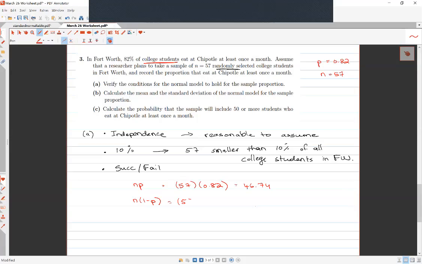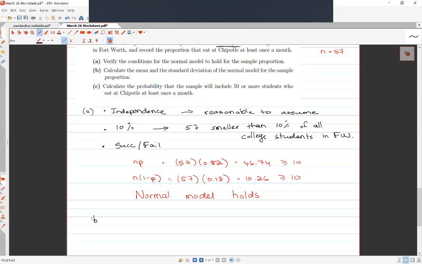And n times 1 minus p, so 1 minus 0.82 gives me 0.18, and that gives me 10.26. Now, one of them is close, barely above 10, but since both numbers are above 10, the condition is met. So the normal model will hold because all three of my conditions are assumed.